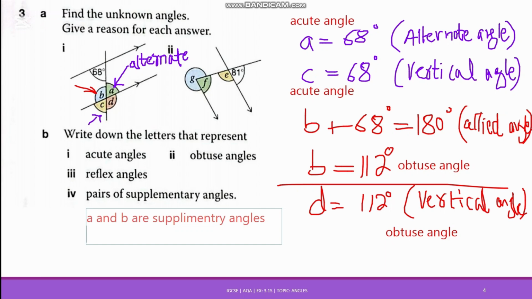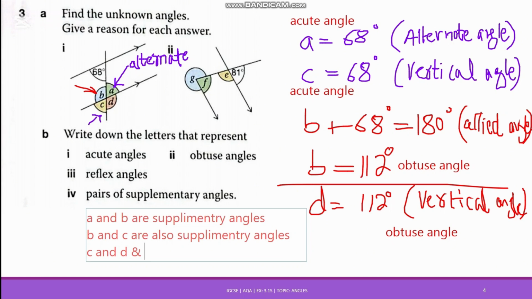So we can also consider B and C are also supplementary angles. Other pairs like C and D, and A and D are supplementary angles as well.